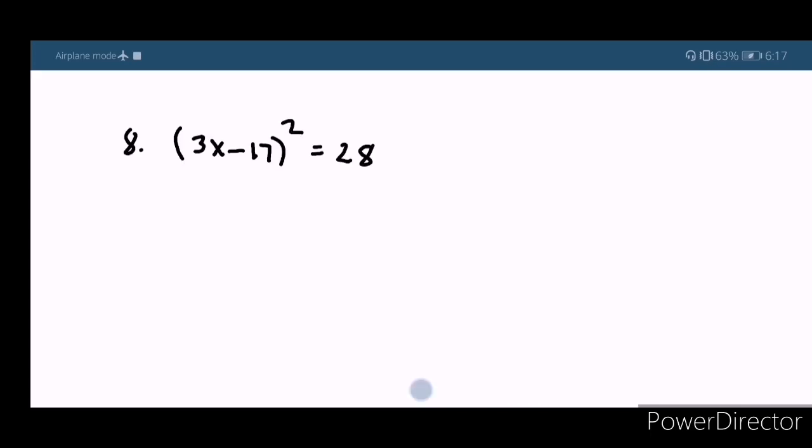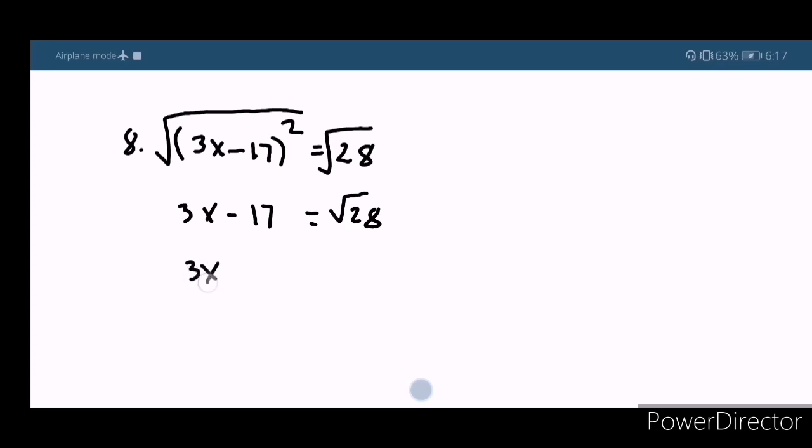In example number 8, so we have 3x minus 17 squared equals 28. So, una natin gagawin, we get the square root of both sides. So, matitira na lang ay 3x minus 17, which is equal to square root of 28. Again, 28 is not a perfect square. So, isip tayo ng number na isang perfect square, isang not perfect square.